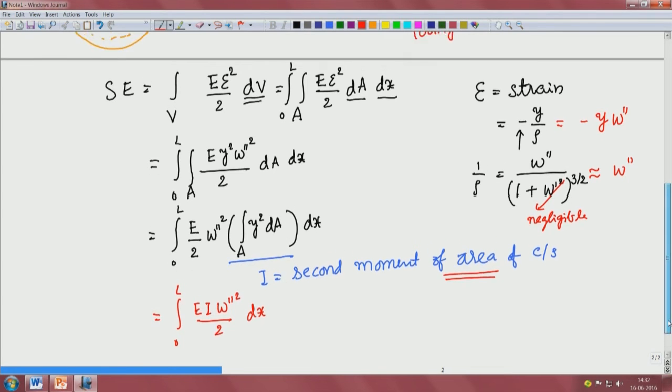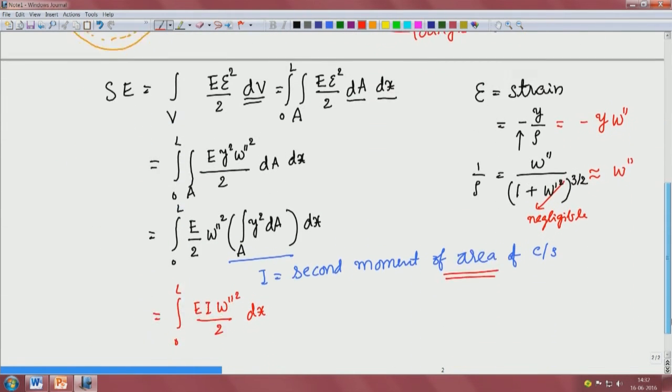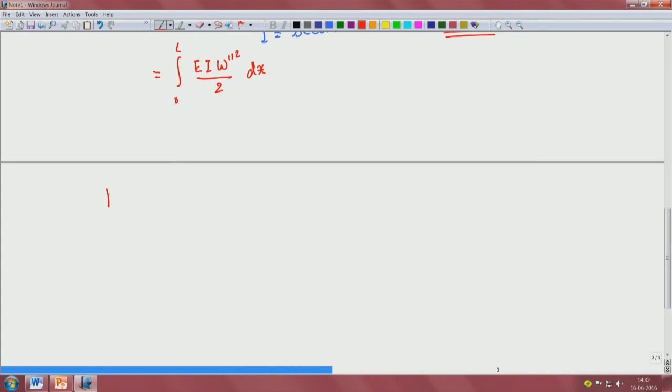All this we are discussing again for potential energy. We have written what strain energy is, and work potential, both of which we need. So, I would now write: minimize potential energy, which is strain energy plus work potential. Strain energy, as we have just derived, is integral 0 to L E I w double prime square by 2 dx. Let us write work potential in blue color, that is the negative of the work done by the external force.